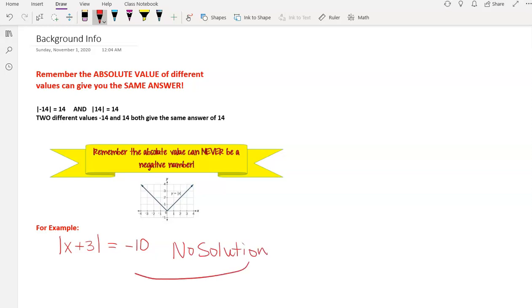Because remember, an absolute value can never be a negative. We can put an X in there and say that this is equal to negative 56. Solve for X. Well, can't do it because it can't be a negative number.